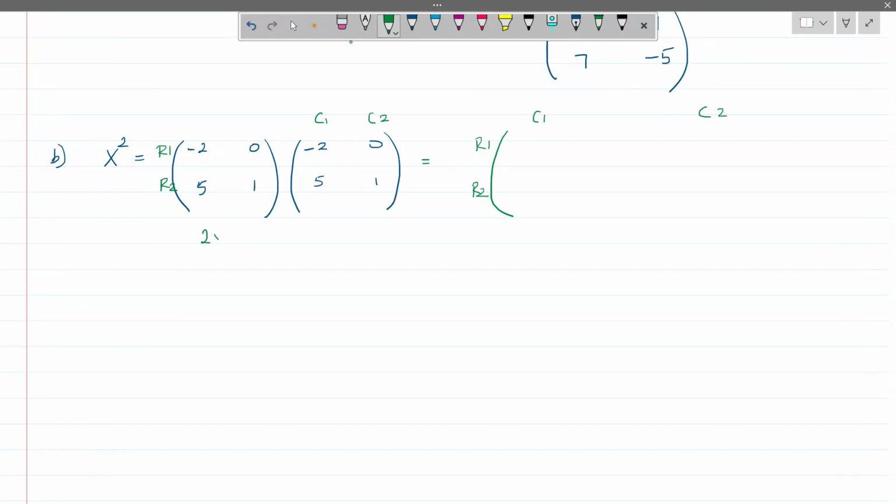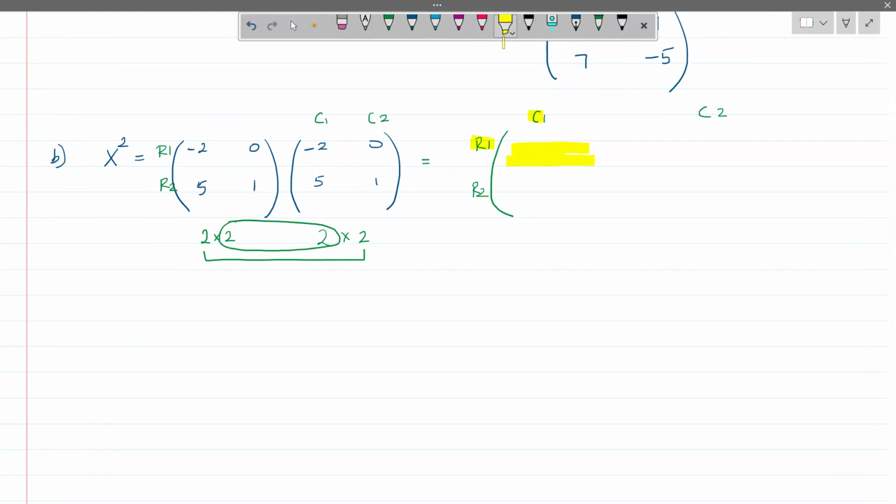Because I look at the number of rows and columns in my first matrix: 2 rows, 2 columns. Same thing in the second matrix. I check the middle numbers to make sure that they are the same. If they are the same, then we could multiply them. The outer numbers are going to tell me the number of rows and columns in the answer. So I like to identify it, label it out, because it's also going to tell me what I need to multiply by what in order to get what.